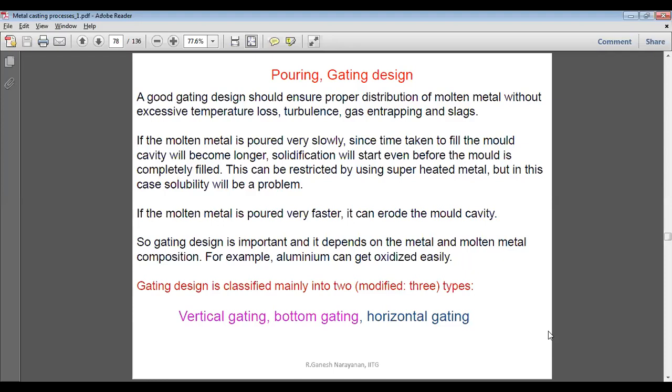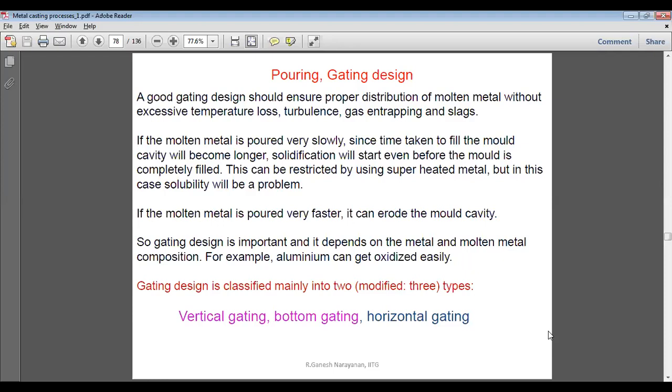Although it is poured under the gravitational acceleration, the back propagation of the molten metal creates quality defects and bad components, bad products. So we have to handle the gating design very carefully, so that the metal pouring is smooth and does not have any propagation and back propulsion.